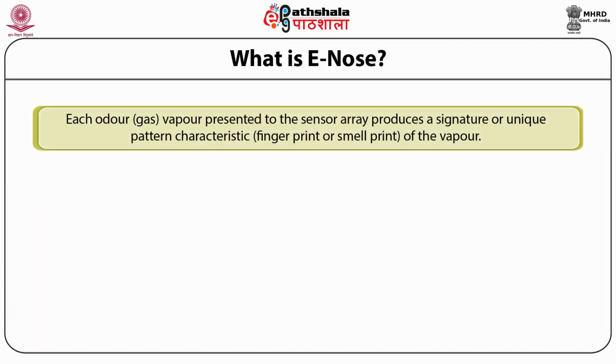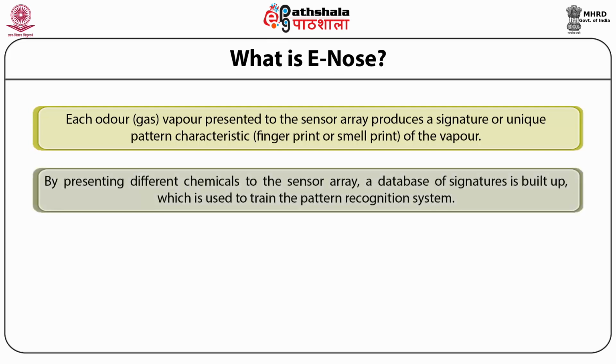Each odor vapor presented to the sensor array produces a signature or unique pattern characteristic, fingerprint or smell print of the vapor. So students, by presenting different chemicals to the sensor array, a database of signatures is built up, which is used to train the pattern recognition system.